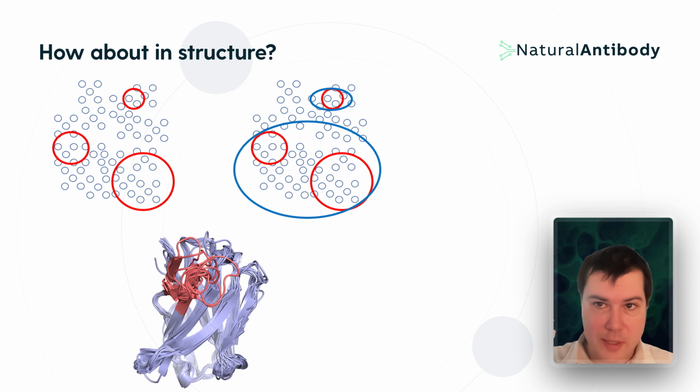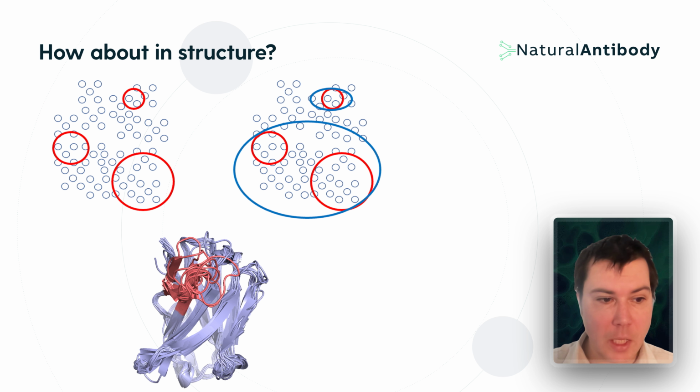If we use a very simple example of canonical classes of antibody CDRs, then it is quite easy to envisage that two different sequence clusters could actually fall within one structural one. So right now, this is up to me as an engineer to decide whether I would like to collapse those two red sequence clusters into one, because otherwise, they're the same diversity according to the structure.